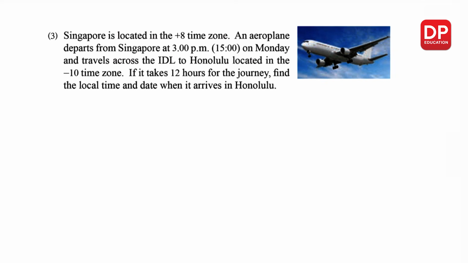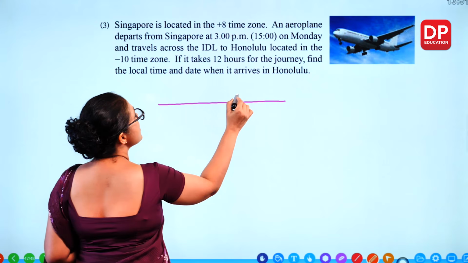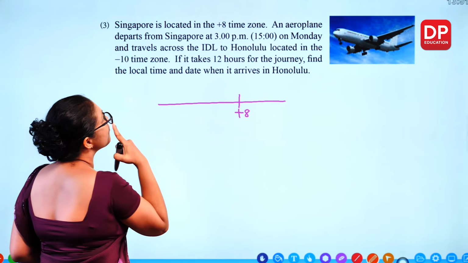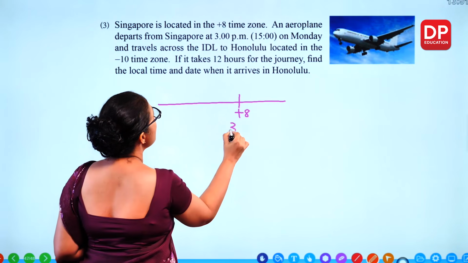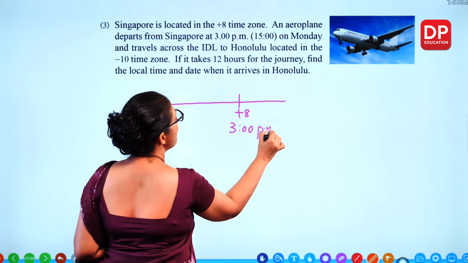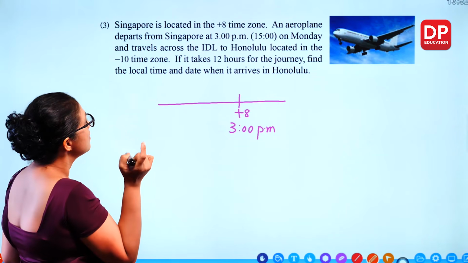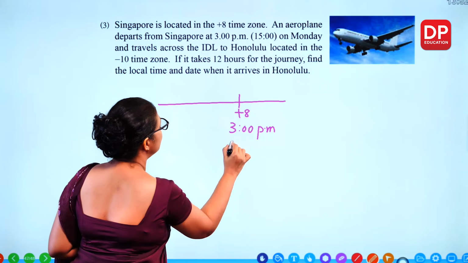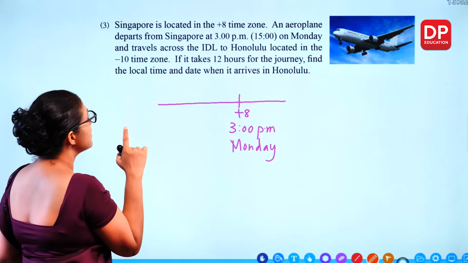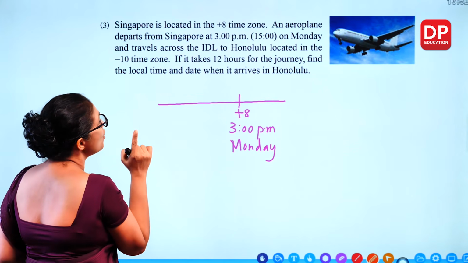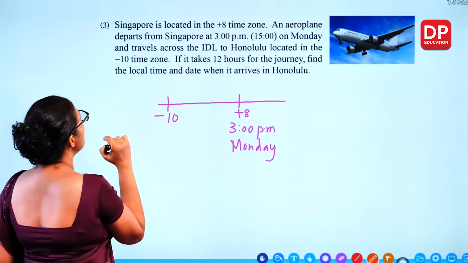Take a look at this question. Singapore is located in the +8 time zone. An aeroplane departs from Singapore at 3 p.m., that's 15 standard value, on Monday, and travels across the IDL to Honolulu, located in the -10 time zone.